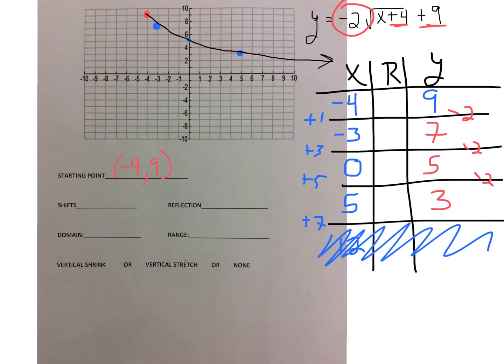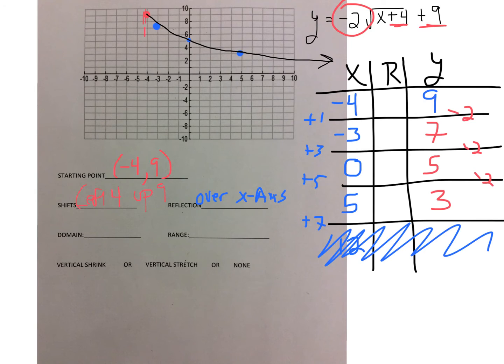So now, let's get our shift. We went left 4. We went up 9. Now, since this graph is going down over the x-axis, domains, well, let's think about my domains.